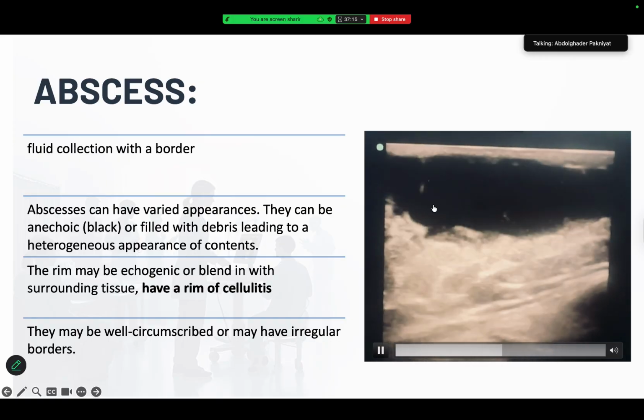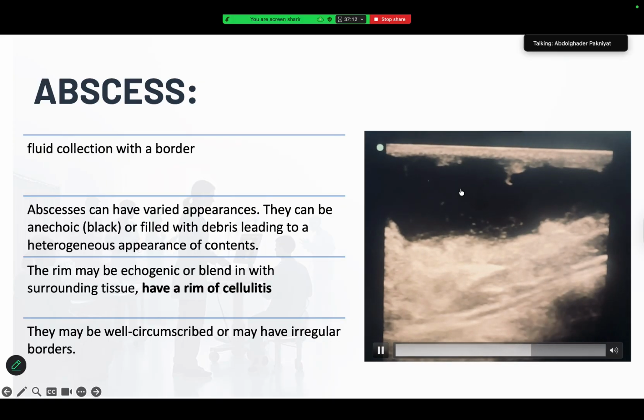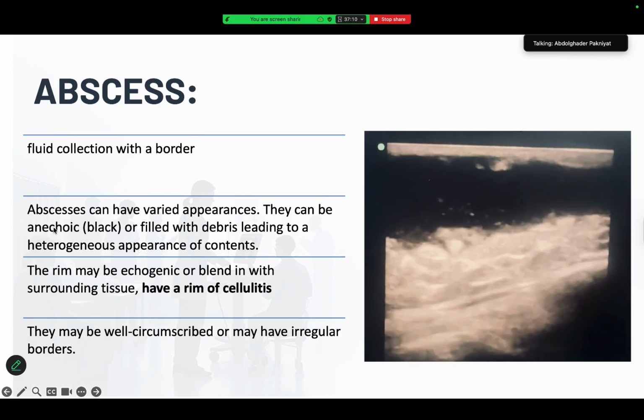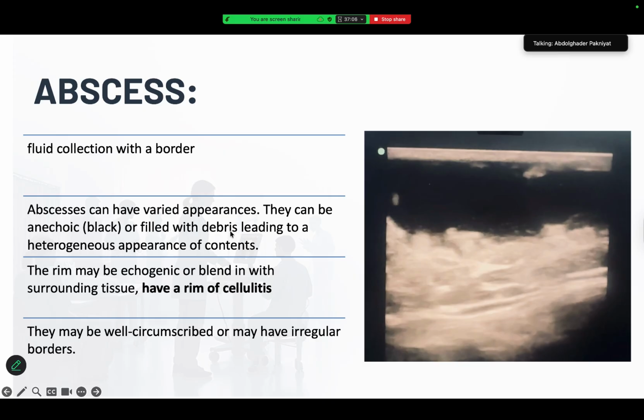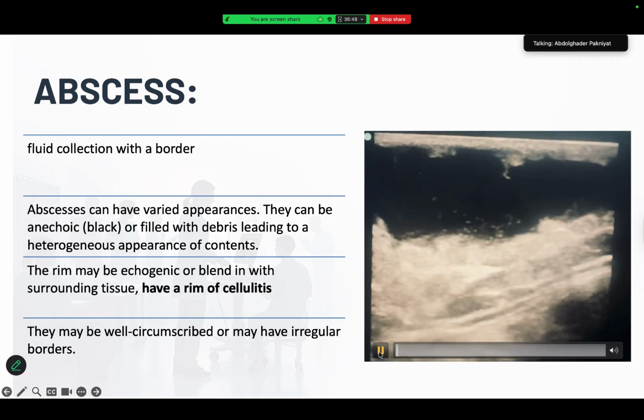But we don't have just one unique pattern. You may have some abscesses with an anechoic pattern, black, or some may have debris, with heterogeneous or homogeneous appearances. So different abscesses have different appearances, and there is sometimes a rim of echogenicity around the abscess. Sometimes we have a rim of cellulitis. Some are well circumscribed, and some have an irregular border.